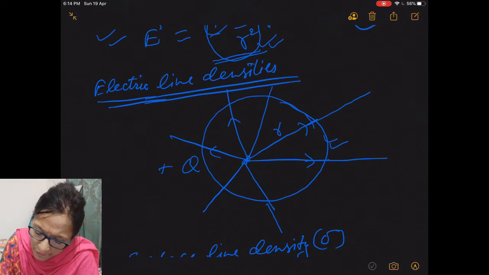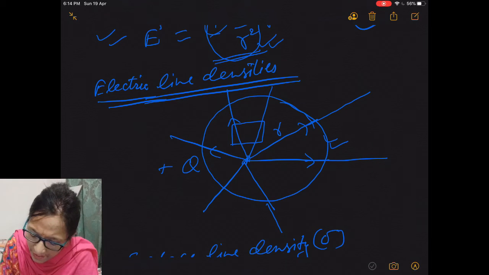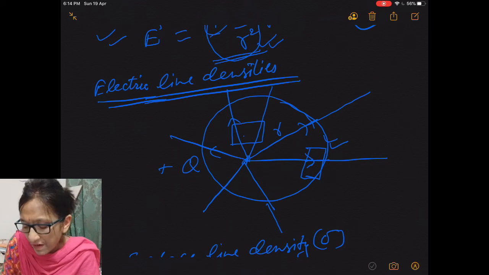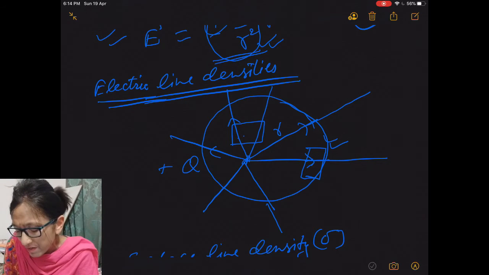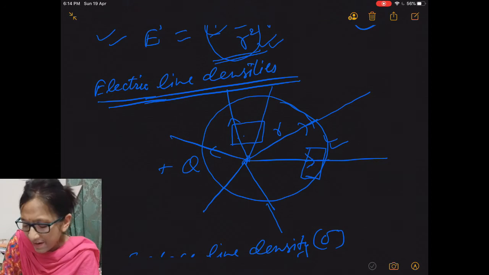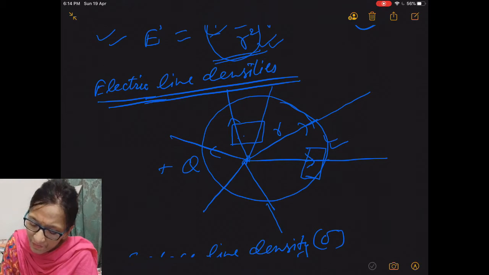Suppose you have to find electric field at any point, so take unit area at that point, and suppose you have to compare electric field at some distant point. So let us compare electric field at this point and a distant point. So we see that here electric field lines are denser. Two lines are going from here, and here the lines are less dense, only one line is going.